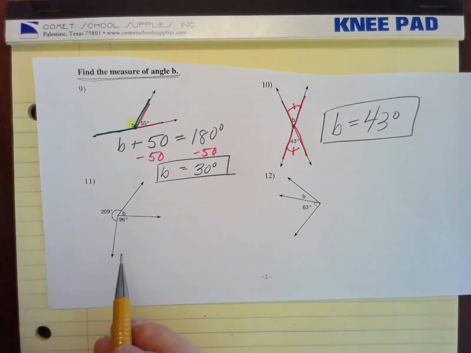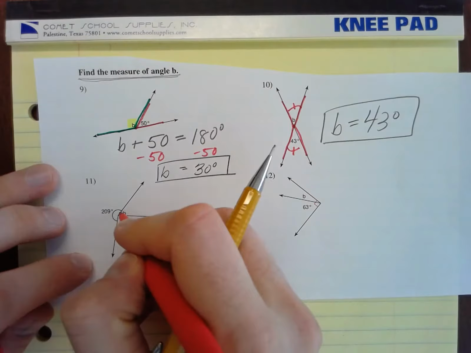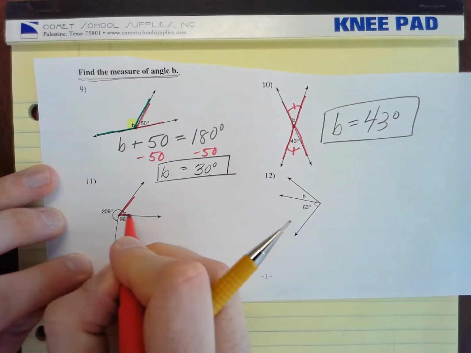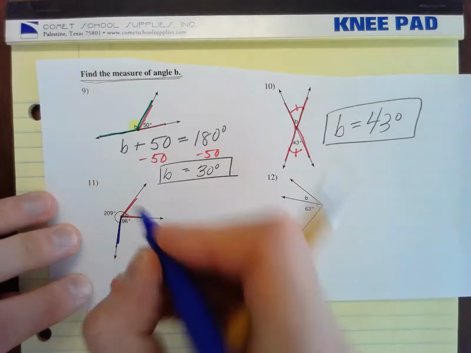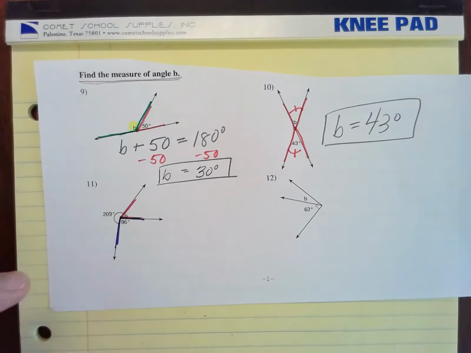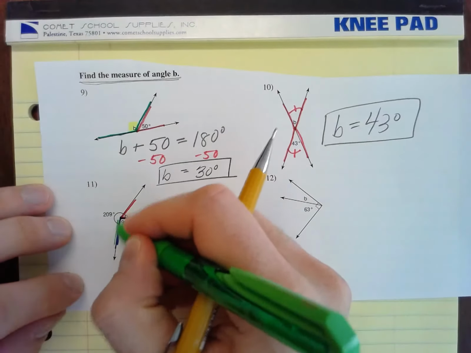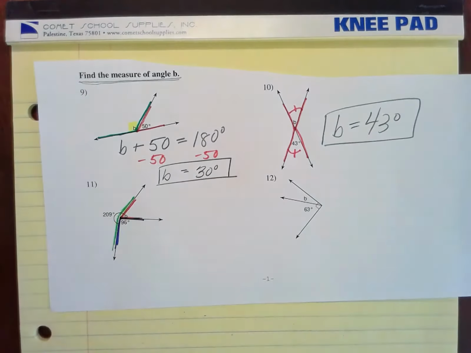Here's one that's a little bit more interesting. If we notice here, we have a three-angle setup. We have this angle, which is angle B, and then we have this 96-degree angle, and then we have this 209-degree angle that goes the rest of the way around.